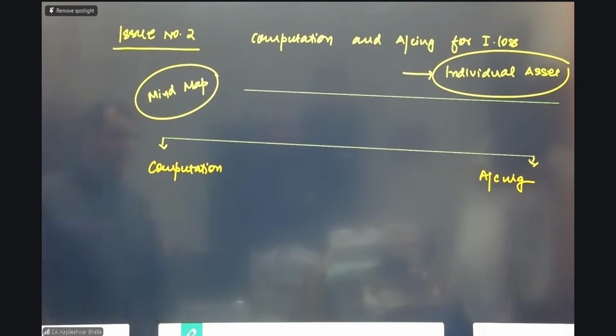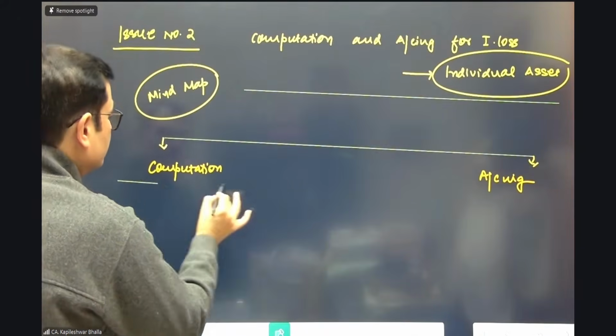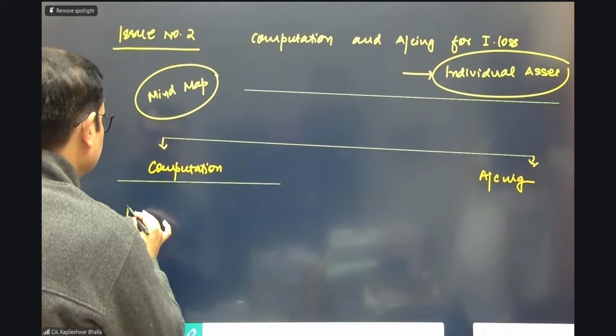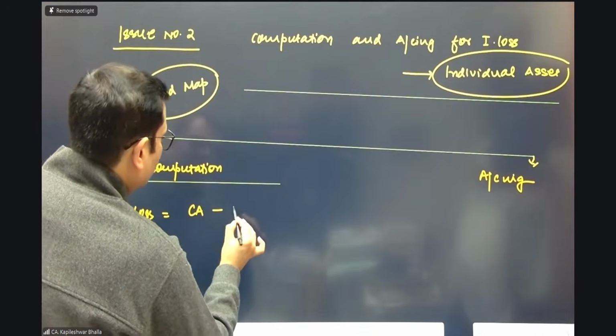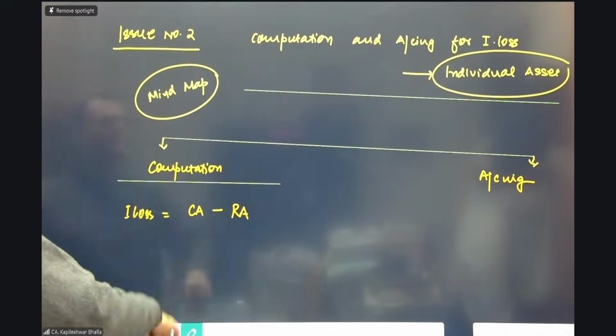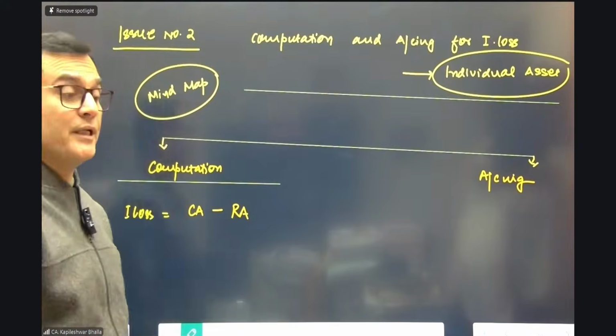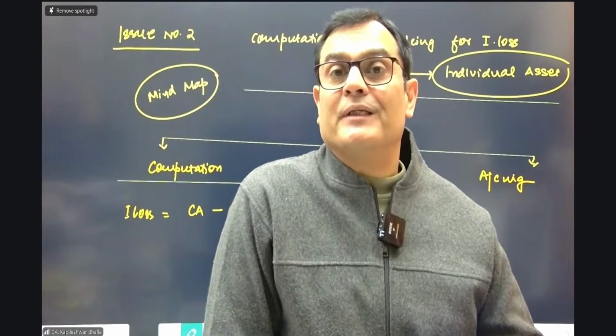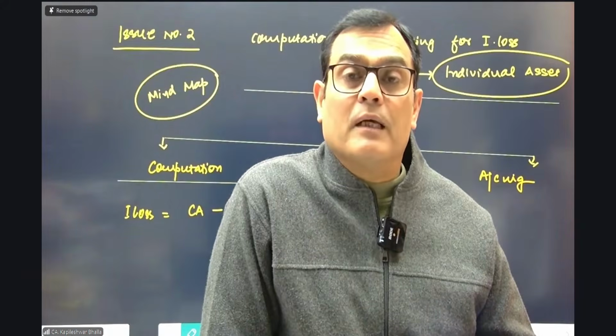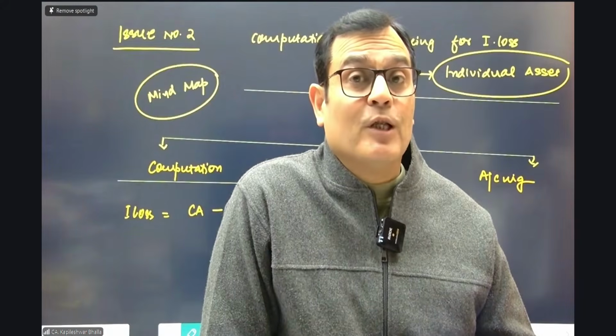As far as the computation is concerned, can I say it is simply that impairment loss is the carrying amount minus the recoverable amount? It cannot be the other way around. It is only if the carrying amount is greater than the recoverable amount that you are going to get an impairment loss.